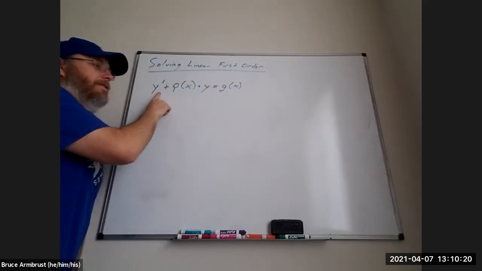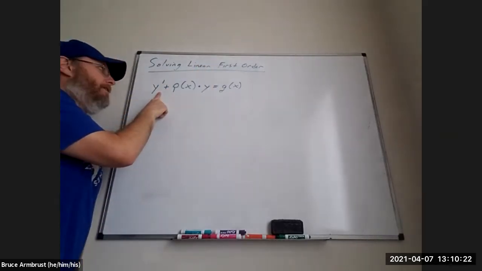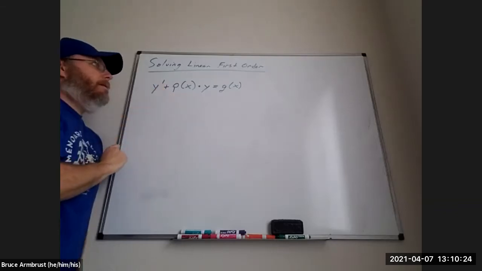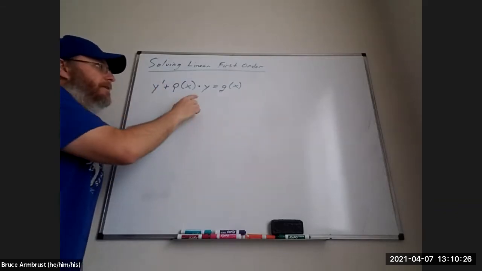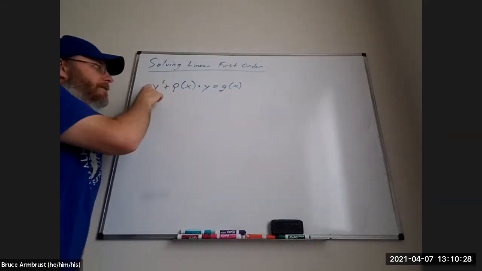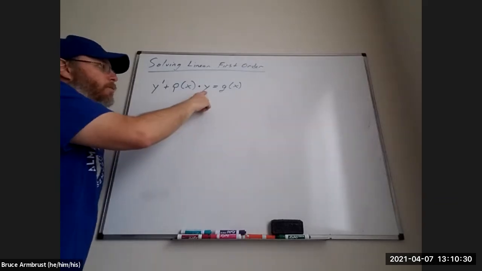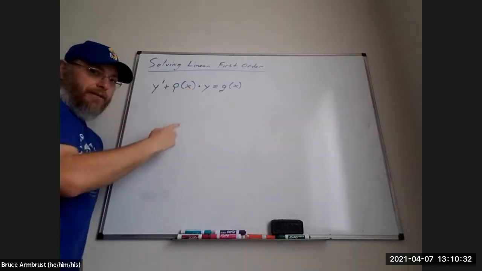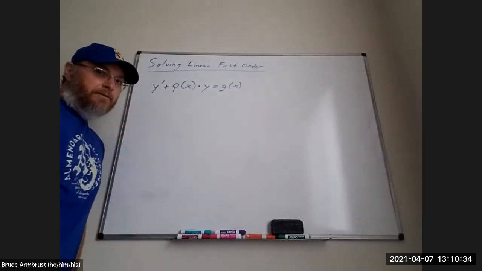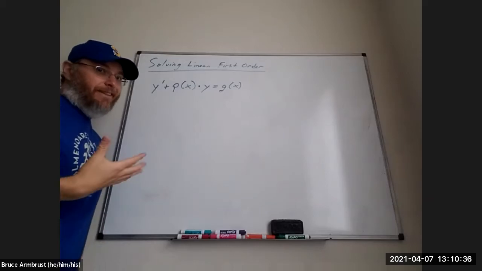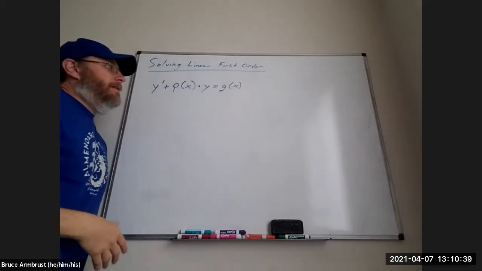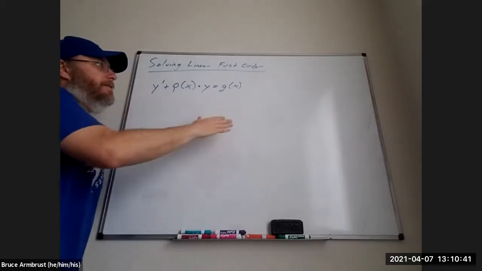So hopefully you see the first orderness just jumps right out at you, right? There's the y prime. But it is linear because notice that there's nothing attached to the y prime. This y, the only thing attached to it is the other variable. Okay, so that doesn't affect linearity. So this thing is linear first order.